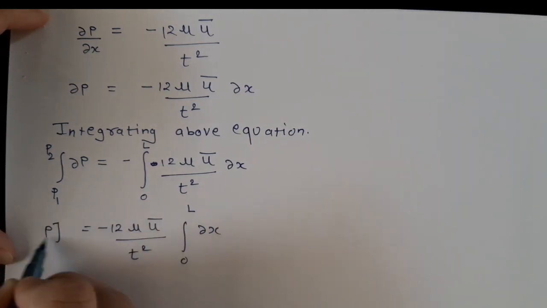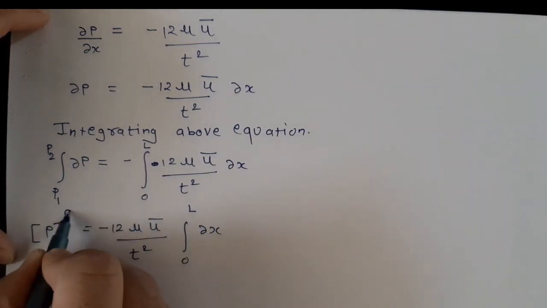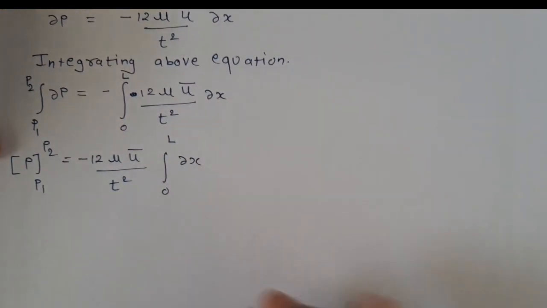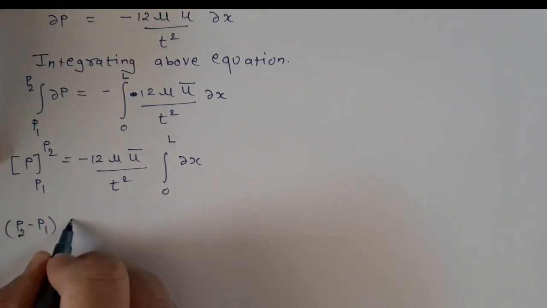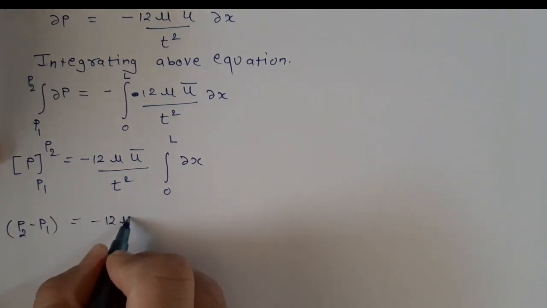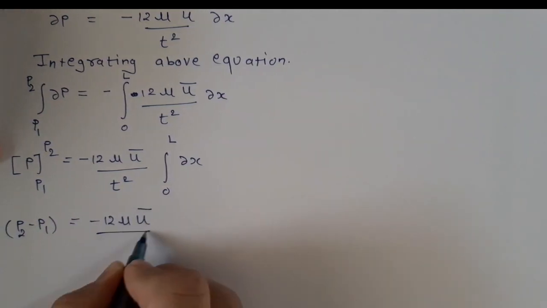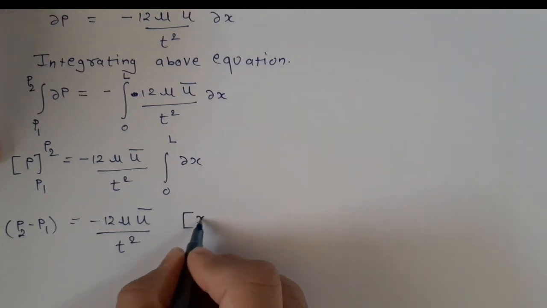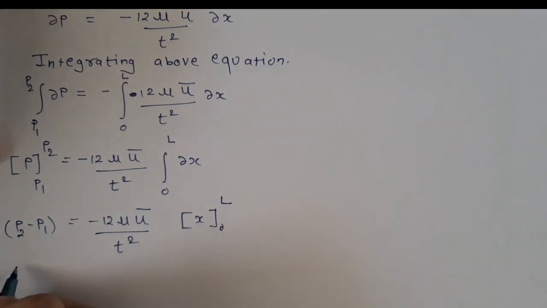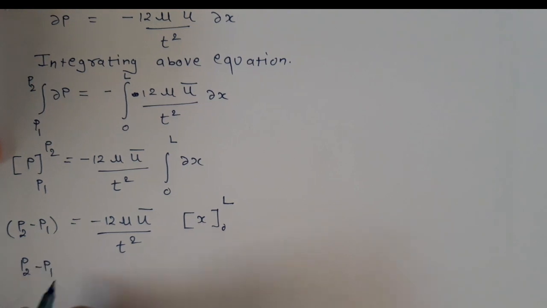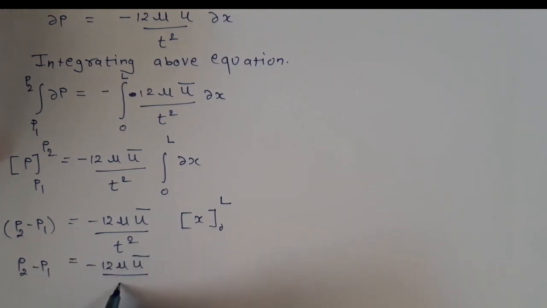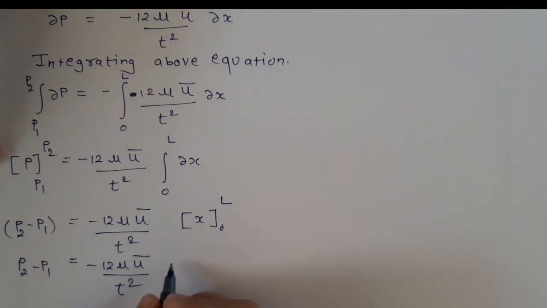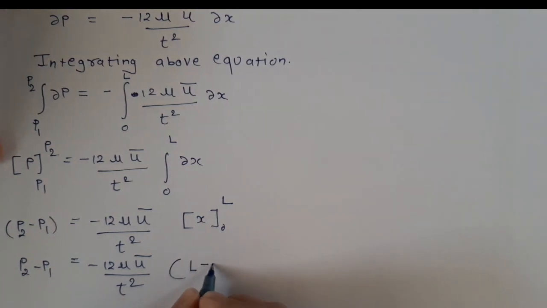So this will be P from P1 to P2, so P2 minus P1 equals minus 12 mu u bar upon t square into x from 0 to L. So P2 minus P1 equals minus 12 mu u bar upon t square into L minus 0.